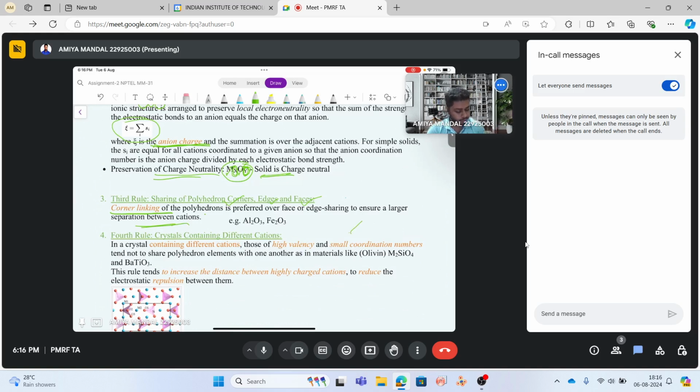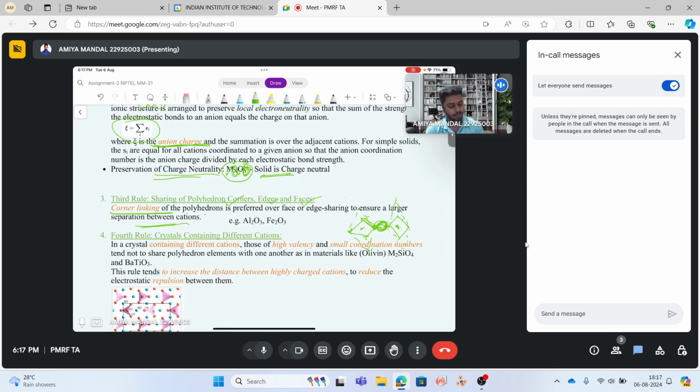If we consider tetrahedral atoms like this in position, and in this position there is also one, we can tell that if they share corners and not edges, then the distance will be maximum.